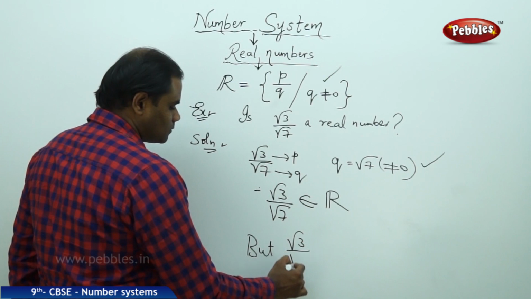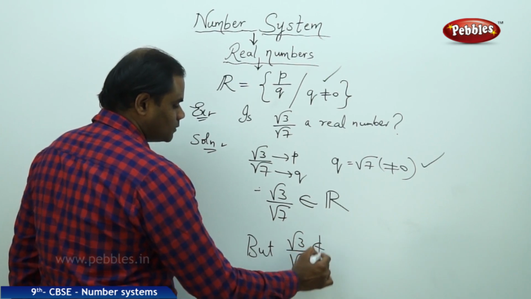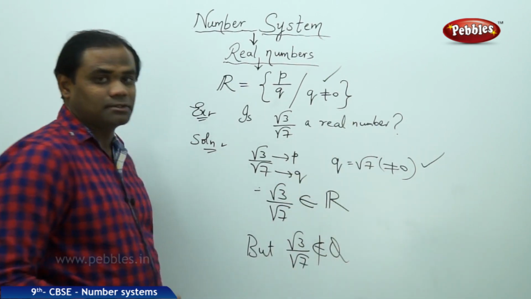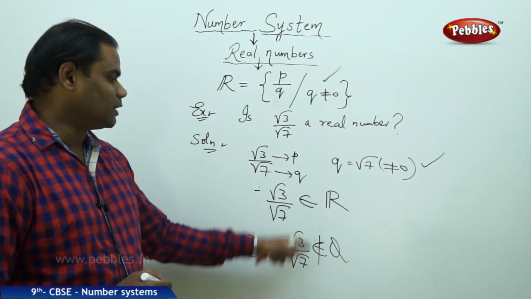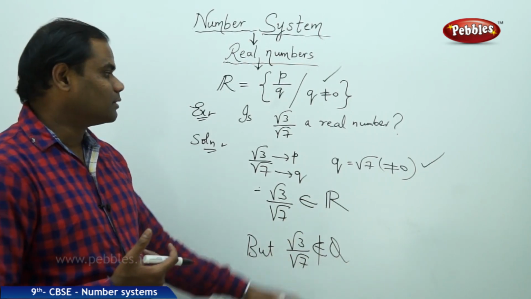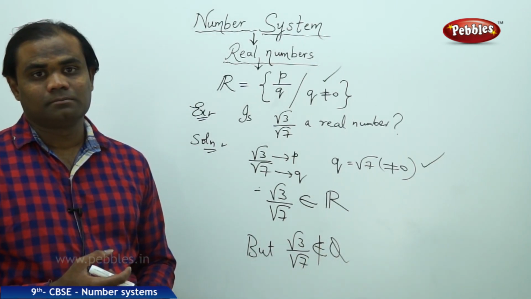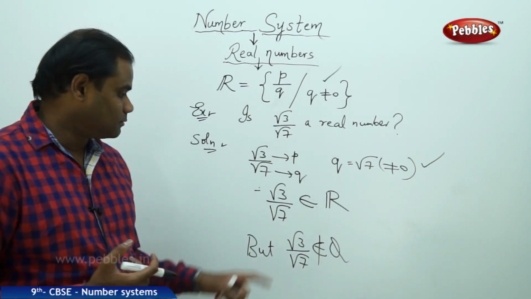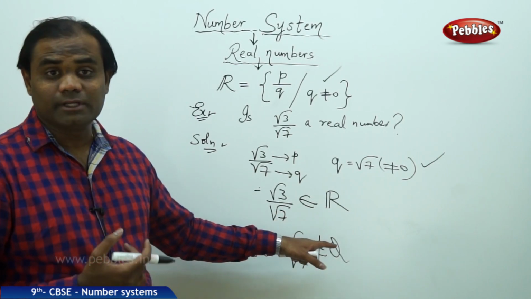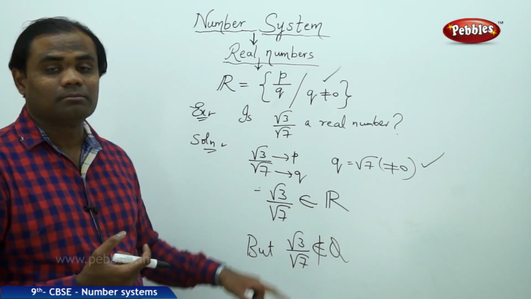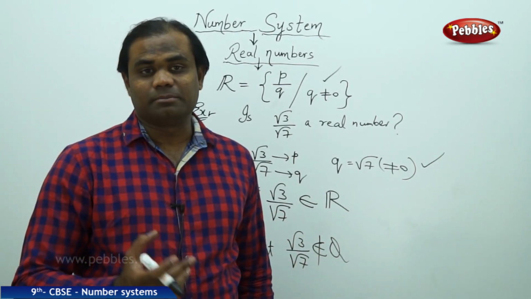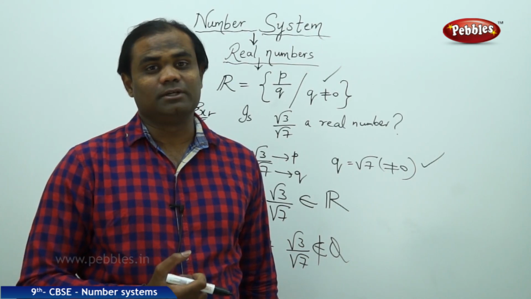Root 3 over root 7 is not a rational number, is how we understand the difference between a real number and a rational number. For a rational number, the numerator and denominator must be integers, but for a real number, the only condition is that the denominator should never be equal to 0.